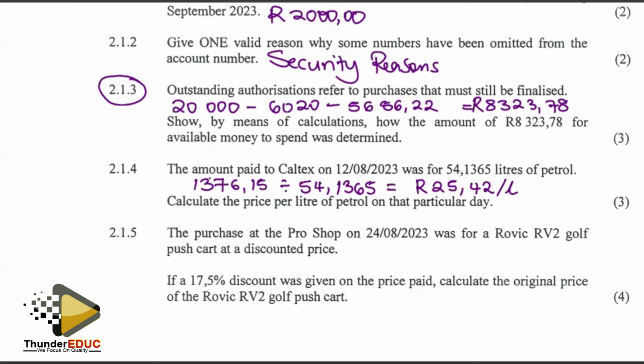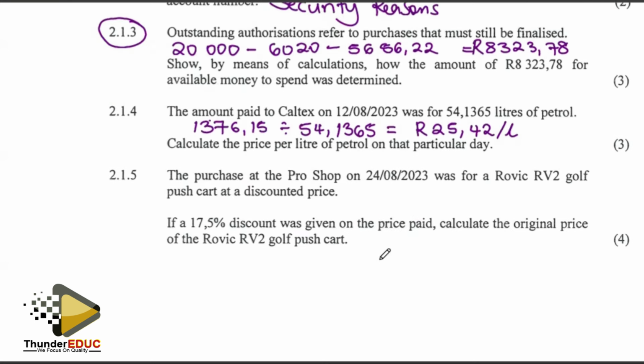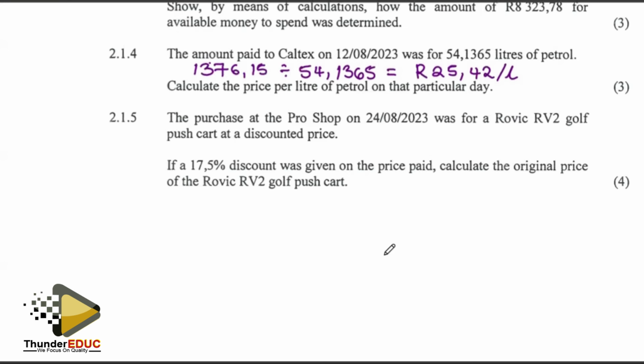2.1.5. The purchase at the pro shop on 24th of August 2023 was for a Revoke RV2 golf push cart at a discount price. If a 17.5% discount was given on the price paid, calculate the original price.